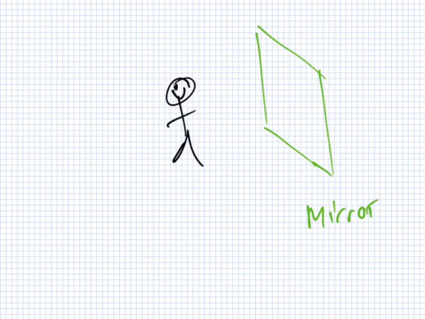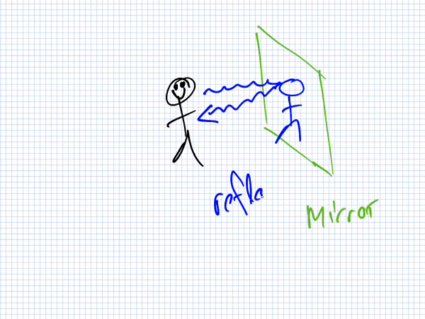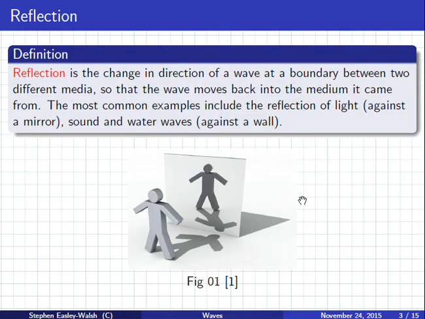Reflection is when there's a change in the wave between two different media and the wave moves back to where it came from. So the most common example is when light hits a mirror. What happens when light hits a mirror? It comes back to you, doesn't it? So I'll just draw that before you write it down.